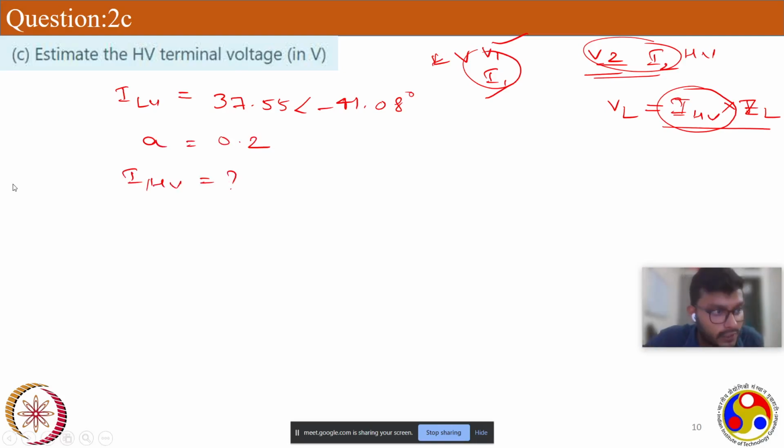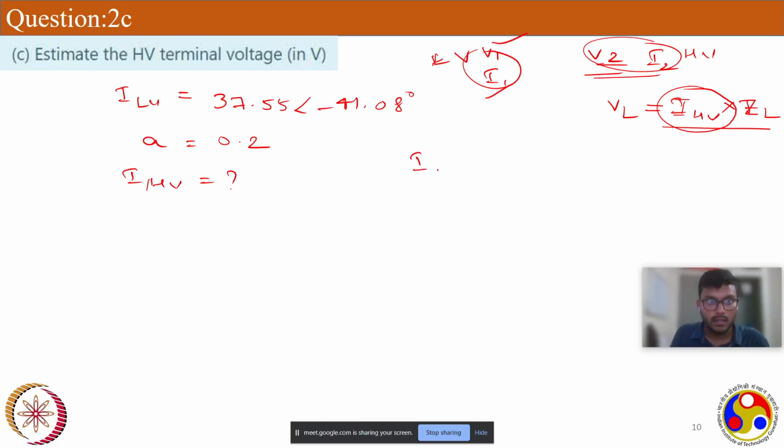Can someone tell me what is the formula for HV side current if we know the LV side current and the turns ratio? Right, correct.